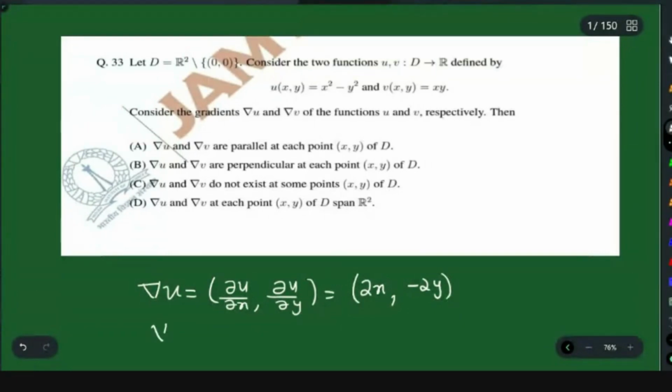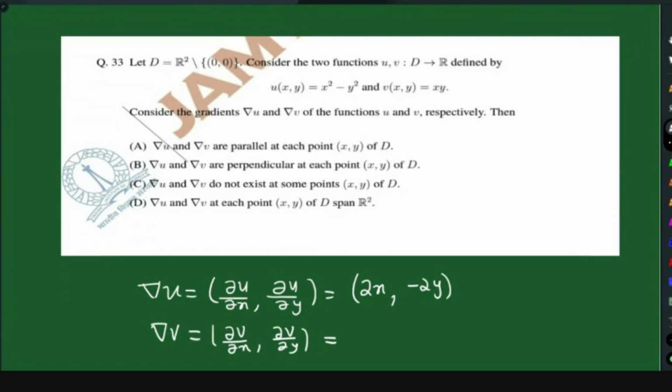Again, del V is dou V by dou x and dou V by dou y. Dou V by dou x is y and dou V by dou y is x. So these are the things.